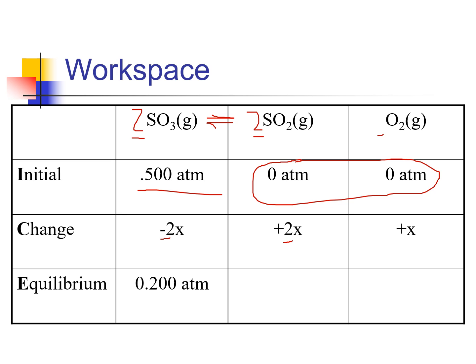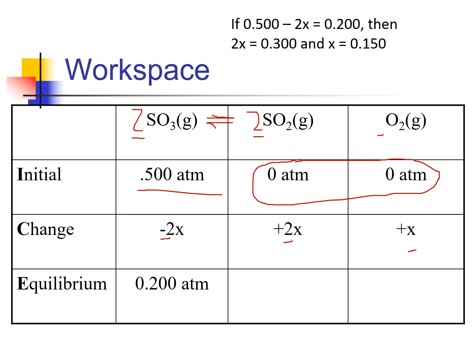Oxygen is 1, x. So now we have enough information that we can start processing this. This is everything we know. So we know that if 0.5 minus 2x equals 0.2, then 2x will have to be equal to 0.300. And that means x would be 0.150. So I can actually put those in the equilibrium column.